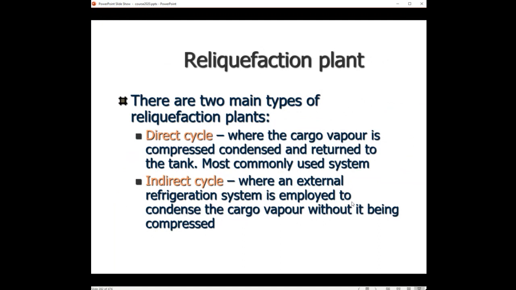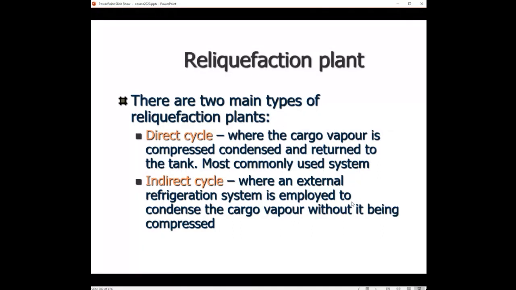And finally, this cargo comes back in the tank. In the indirect cycle, we'll keep the cargo inside the tank, and it's an auxiliary cooling system that will cool down the vapor space, without compressing or using the cargo in a cooling system.